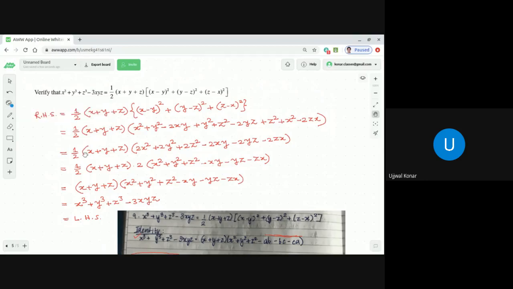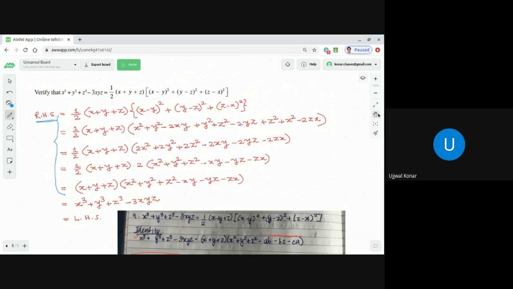I didn't touch the statement x cube plus y cube plus z cube minus 3xyz when I started with the right hand side. In this entire solution, till the last step, did I touch that one? No, sir. Because I need to prove that, I should not write it anywhere. If I start with the right hand side, I should bring it to whatever is there in the left hand side.